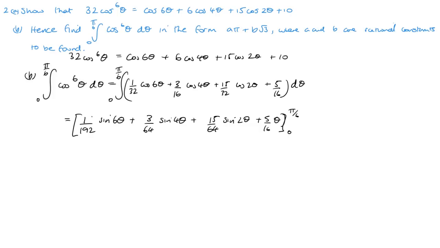Obviously, when I'm putting in 0, all of these are going to return 0. So I'm just going to do the pi by 6.